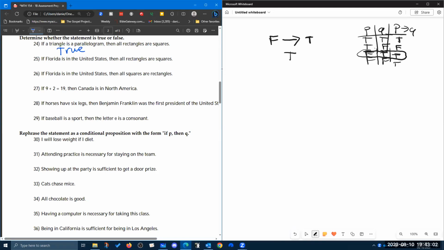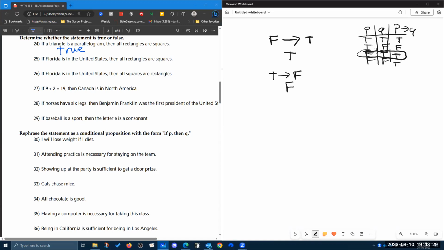If Florida is in the United States, then all rectangles are squares. True implies false. That's false, right? Because some rectangles are squares, but not all rectangles are squares.